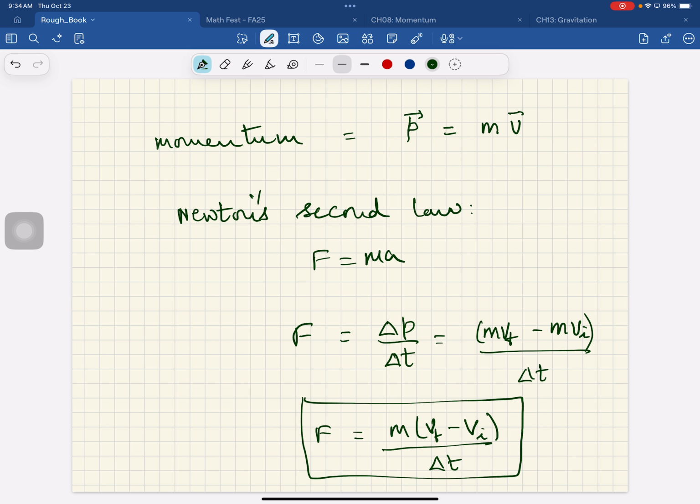Now let's look at the applications. I'll show you the first application, and then we'll go into the slides. If you're in a situation and you don't want to get hurt, you want the forces acting on you to be as small as possible, right? Let me show you a situation.